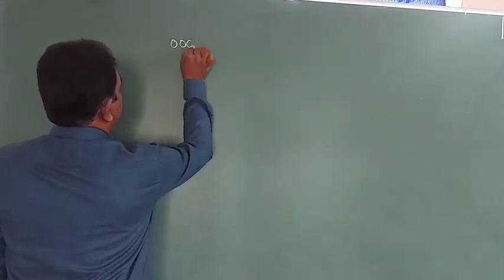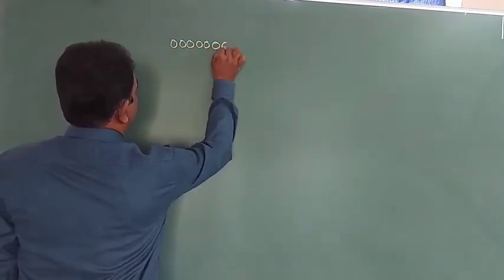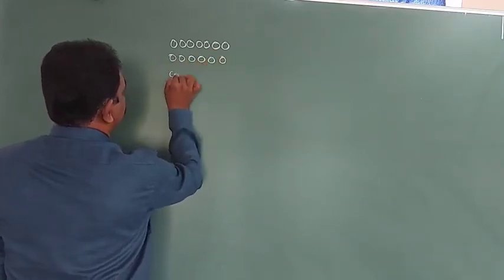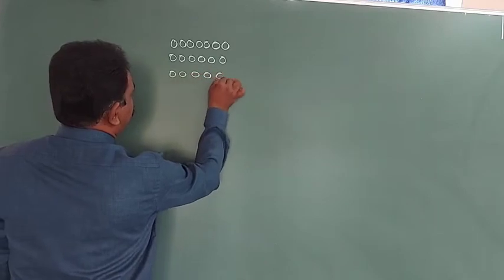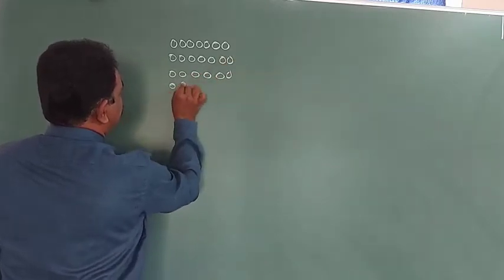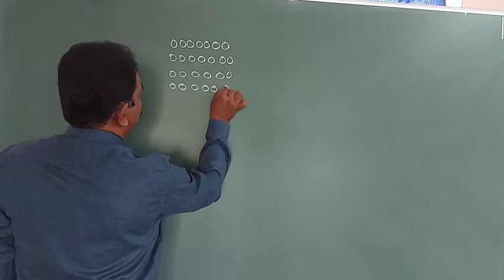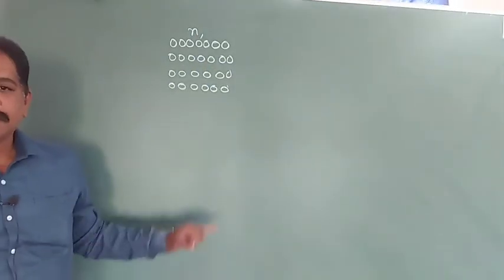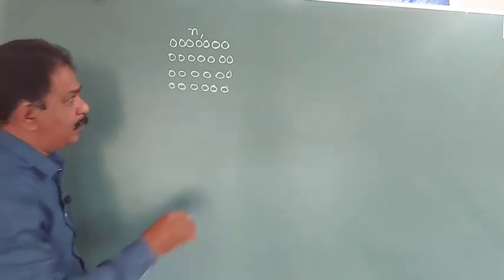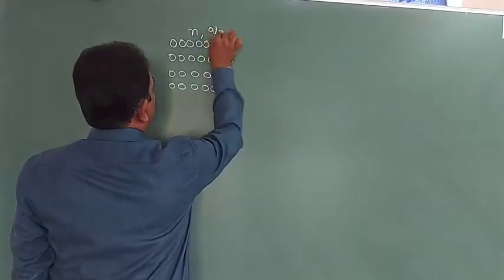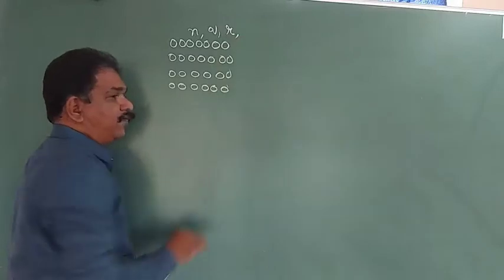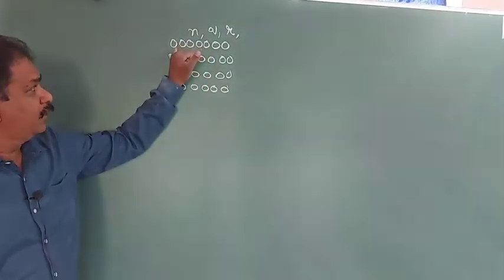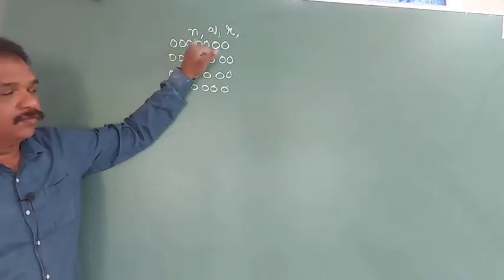Here n identical drops are there. Charge on each drop will be q.